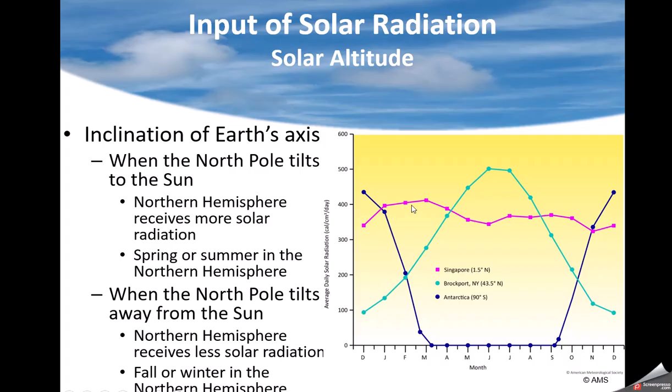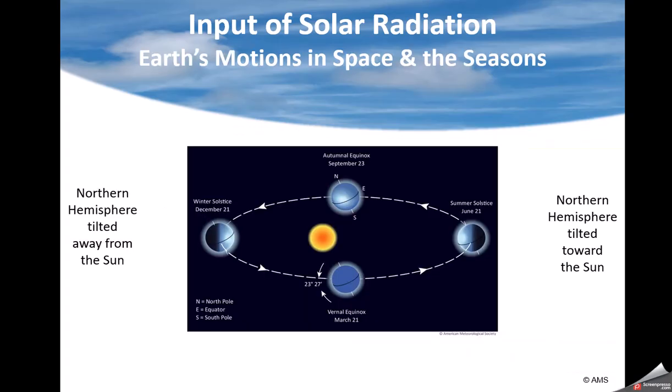Now, if you're down around the equator, it doesn't vary a whole lot throughout the year. Rockport, New York, not far from our latitude. You can see how it goes down in winter, goes back up in summer. Actually peaks higher than the equator in summer. It just doesn't stay as long as the equator does.